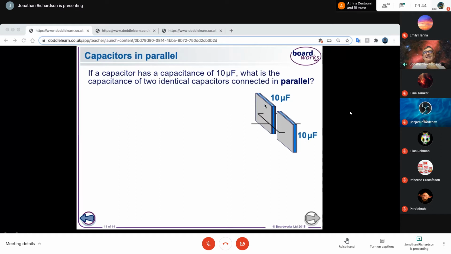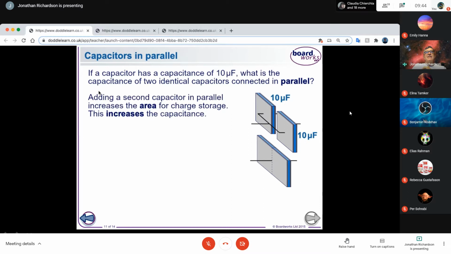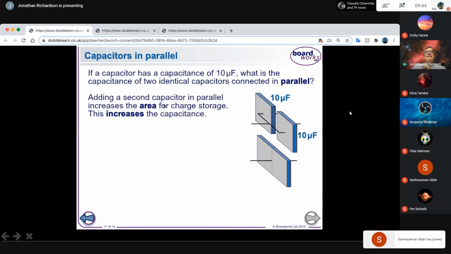They're identical. Both capacitors have a 10 microfarad capacitance. So now we can look at them and we can say that something interesting has happened.